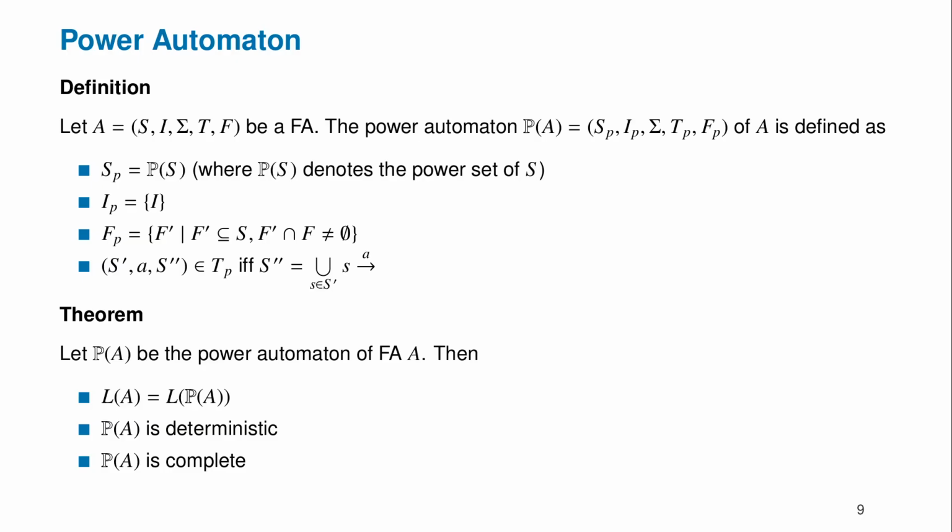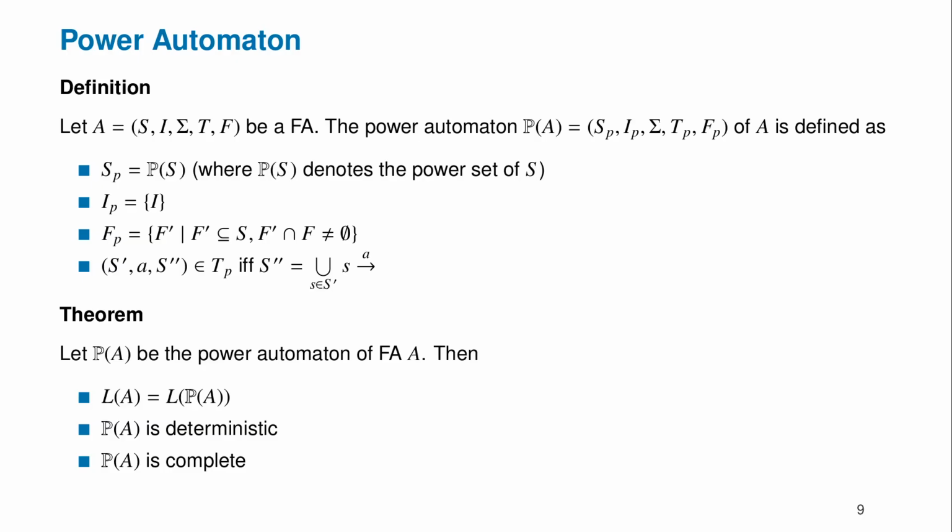Then what are the initial states? Not the initial states, but only one initial state because it's deterministic and complete. So we have exactly one initial state, and this initial state is simply the set containing all the initial states of the original automaton. This is also a state of the power automaton.